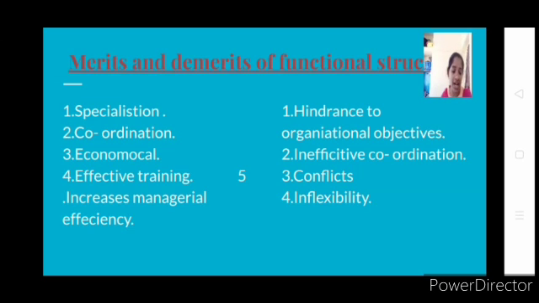Then what does it achieve? Personal objectives. Are you getting me? So if you have a functional organization structure, it becomes a hindrance to the department in achieving the organizational objective, but it can achieve its personal objective.